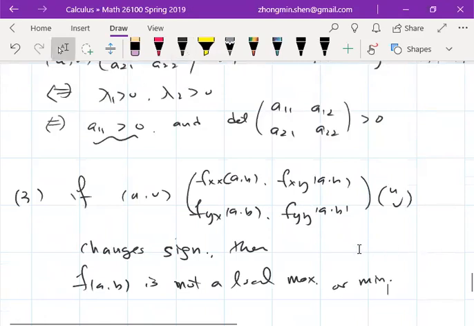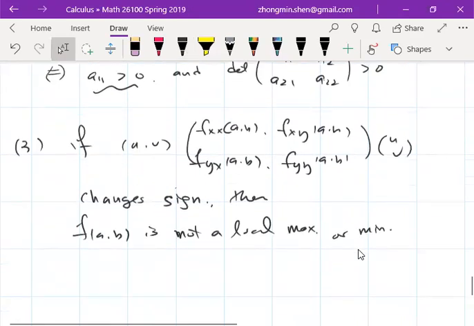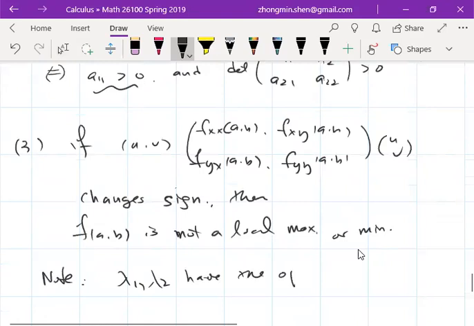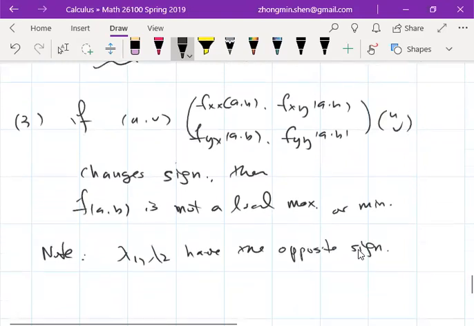But how do you check whether or not this changes sign? That means the eigenvalues lambda 1 and lambda 2 have opposite signs. How do I see this?